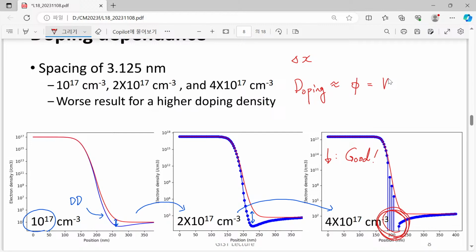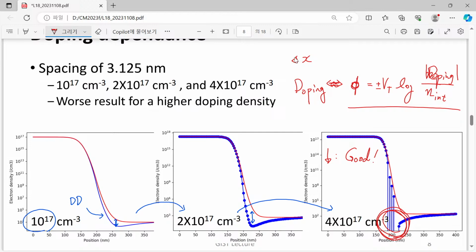It is given by Vt, the thermal voltage, times the log of doping density divided by intrinsic carrier density. That corresponds to your equilibrium potential, with absolute value of doping and a plus or minus sign due to its polarity. Anyway, doping is closely related to the equilibrium potential.